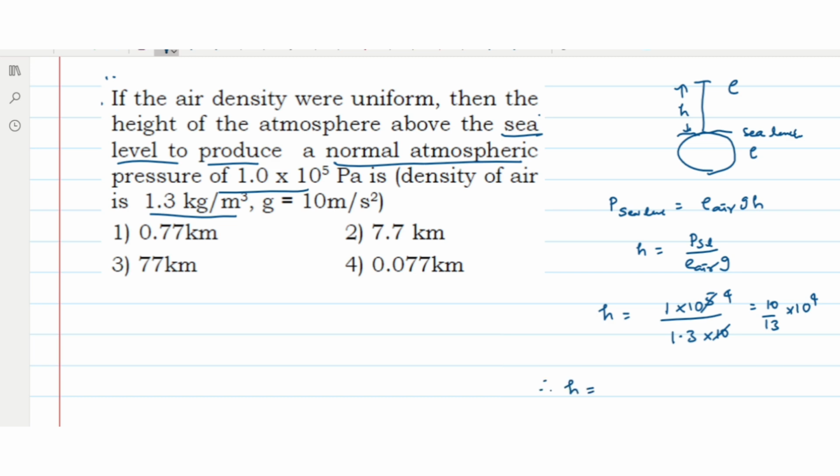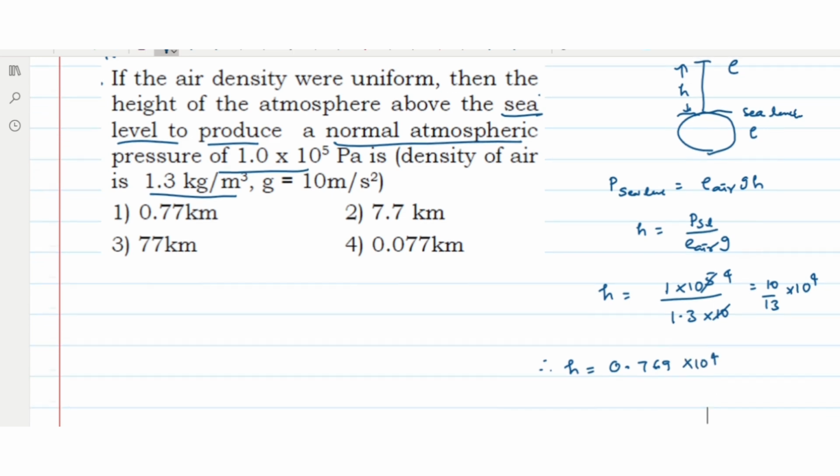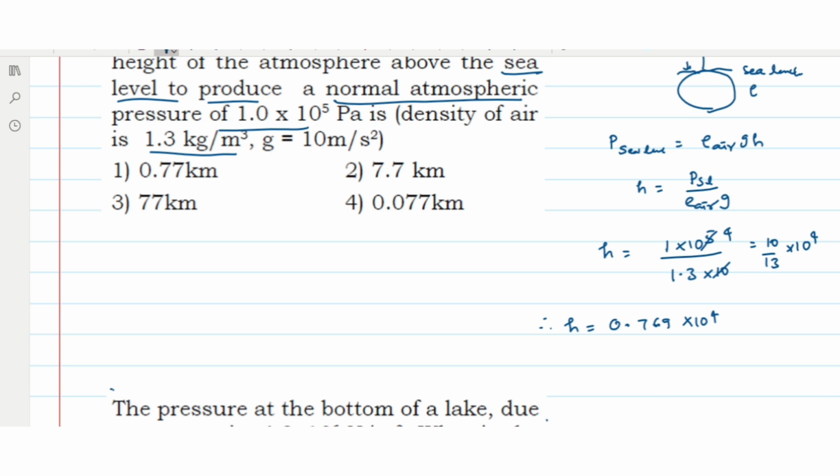Therefore the h value is nearly 0.769 into 10 power 4, which is close to 7.7 kilometers. So up to this height the density will be uniform. So this will be the correct answer.